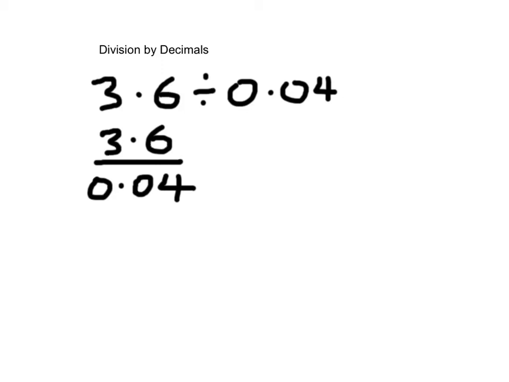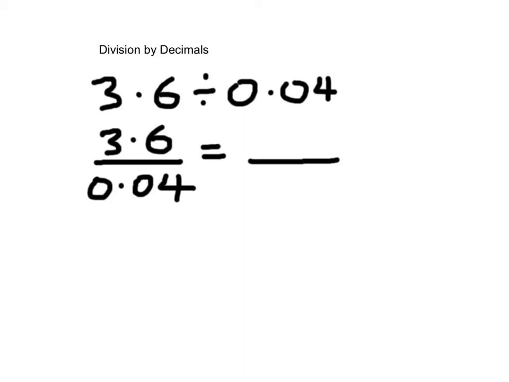The next thing we need to do is make this fraction into a fraction where the bottom part, the denominator, is a whole number. To do this, I'm going to multiply the top and bottom by a number so that this 0.04 ends up being 4.